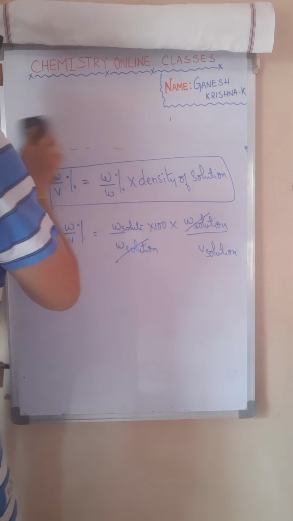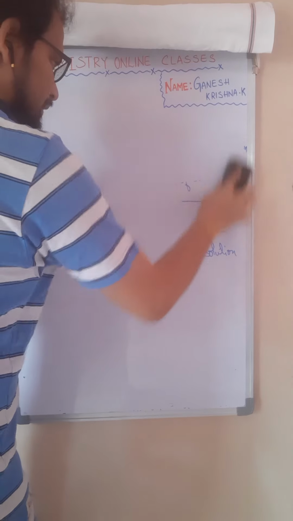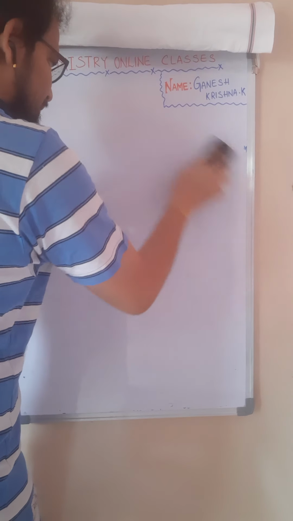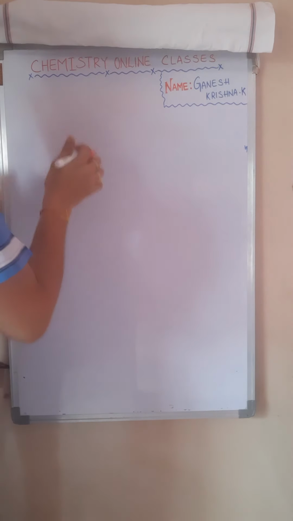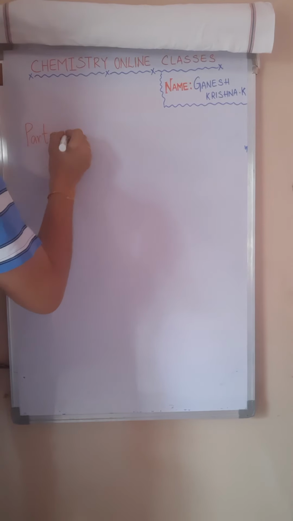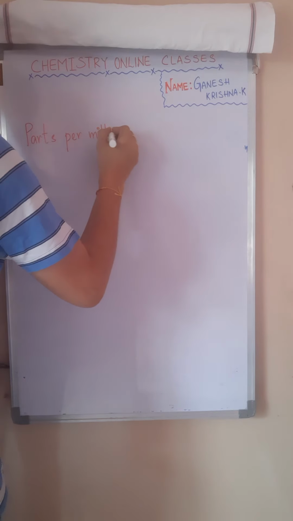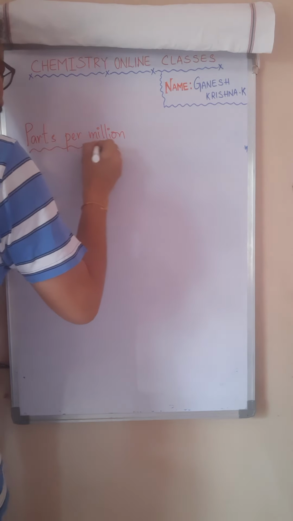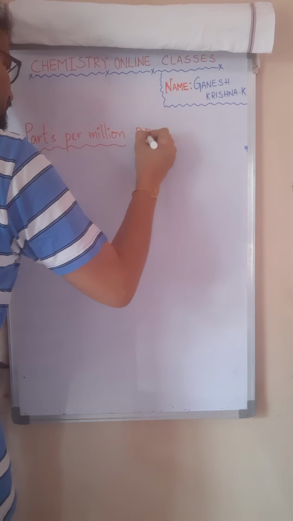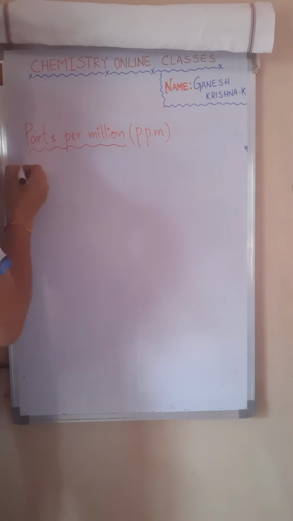So later, let us get into the next concentration term, that is parts per million, which is generally known as ppm. Right. What is the definition of parts per million?